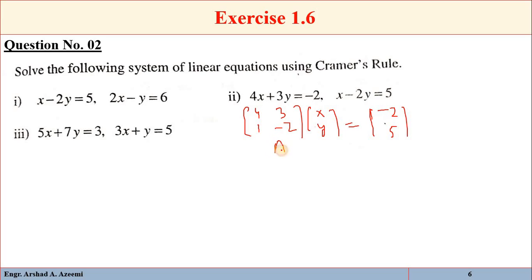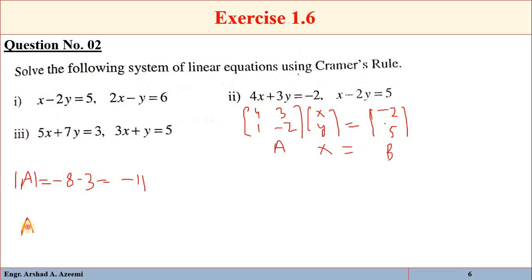Okay, so this is matrix A, this is X, and this is matrix B. Now determinant of matrix A is equal to 4 multiplied by minus 2, so that is minus 8, minus 3 multiplied by 1, that is 3, is equal to minus 11.